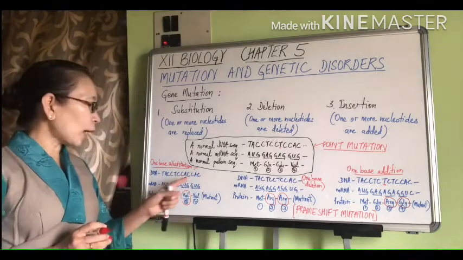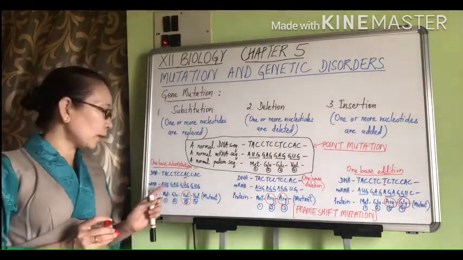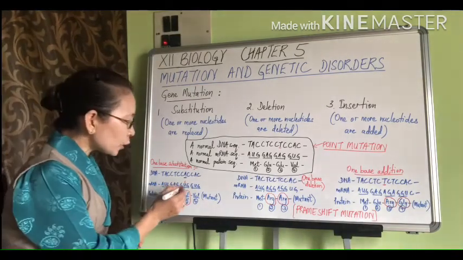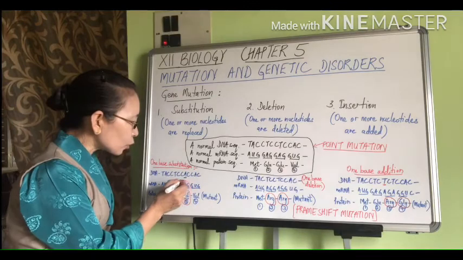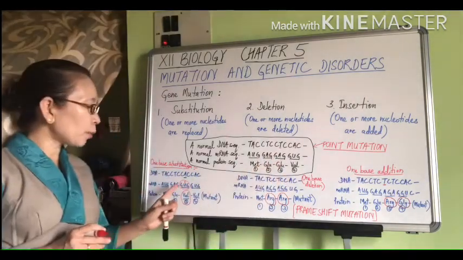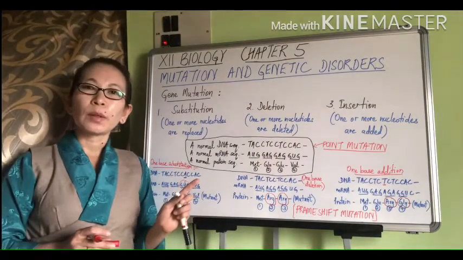And this is going to result in the synthesis of an mRNA also having a change in its third codon. So here the third codon, instead of GAG, has now become GUG, right?